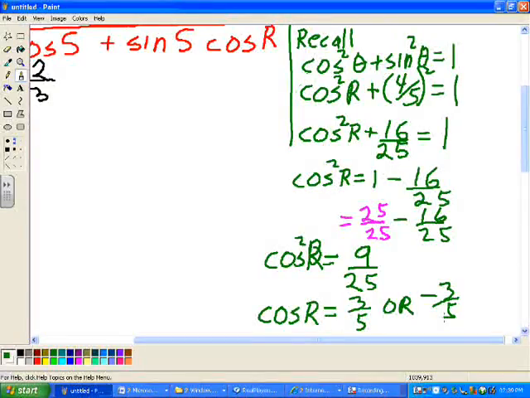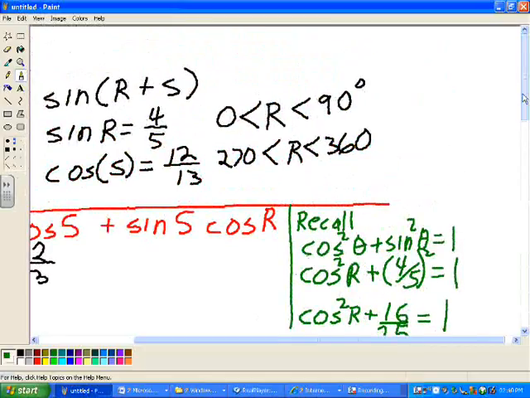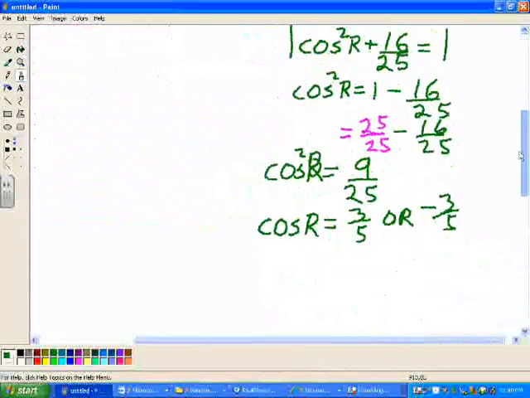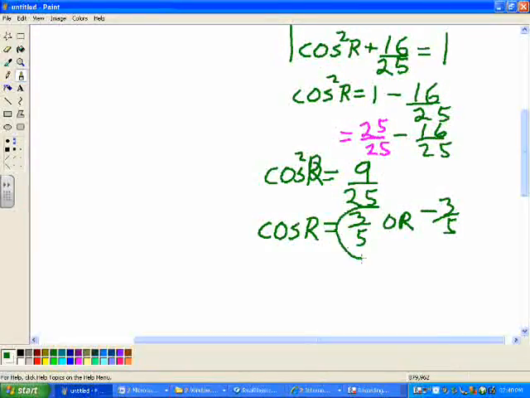If you look up toward the top, we know that R is between 0 and 90 degrees, so we're in quadrant 1. So the one that I want is the 3/5.